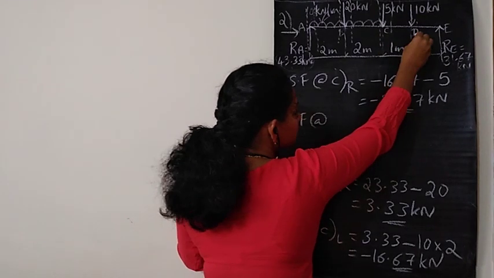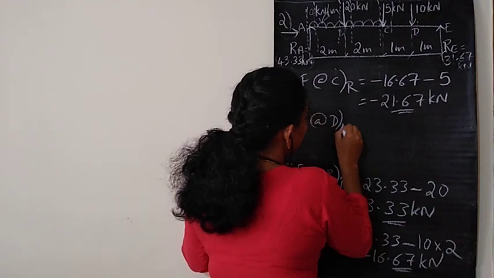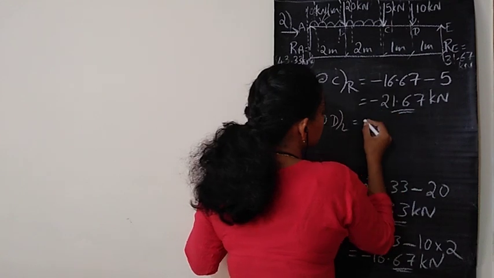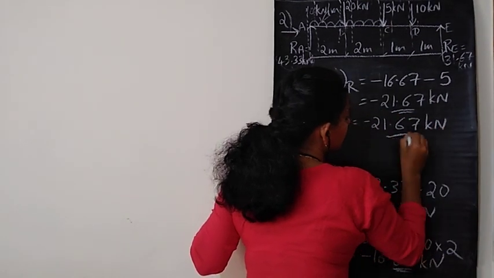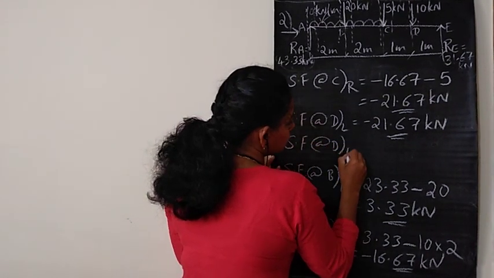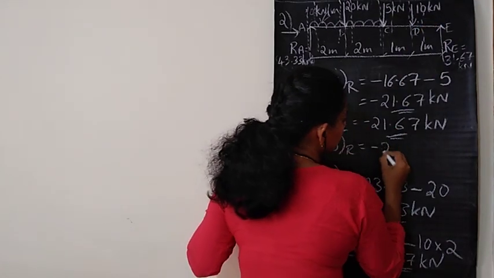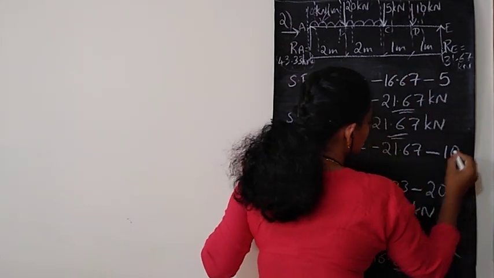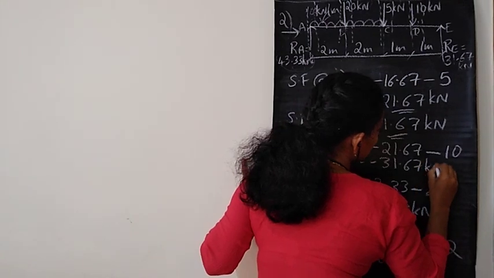Now you can combine this CD, or just consider the same way, left of D and right of D. So left of D, there is no other force, it will be the same value. Shear force at right of D: minus 21.67 and minus 10, so it will be minus 31.67 kilonewton.